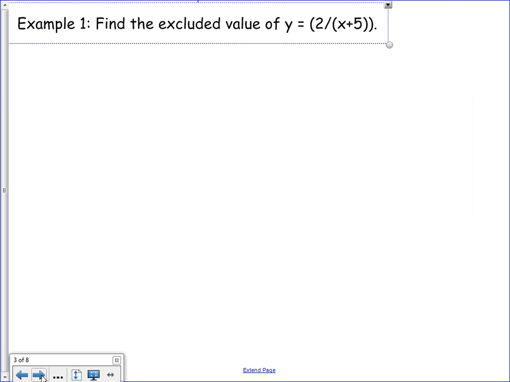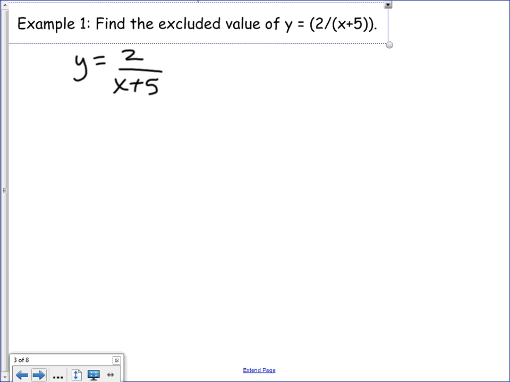In example 1, we're trying to find the excluded values for the function y equals 2 divided by the quantity x plus 5. Again, this would really be written in vertical form, it's just more difficult for me to write it that way on the smartboard. To find the excluded value, we want to find the value of x that makes the denominator 0.